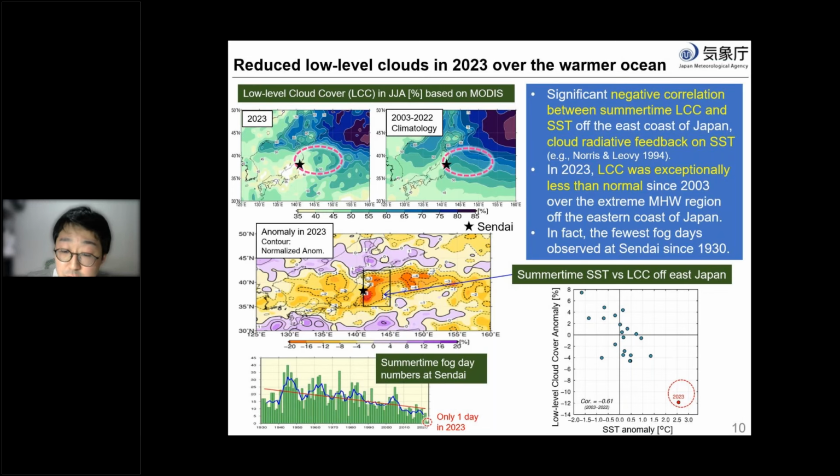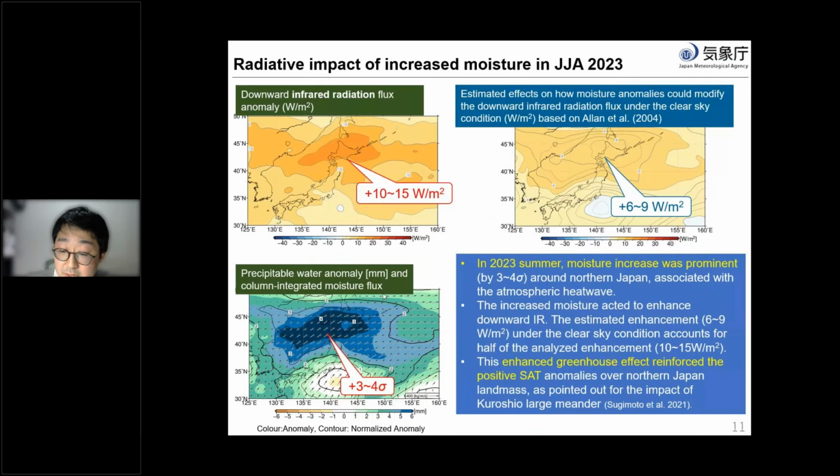So another potential oceanic impact is increased moisture. In 2023 summer, as indicated in the bottom left panel, moisture anomalies were prominent, by about 3 to 4 standard deviations around northern Japan. And the increased moisture acted to enhance downward infrared radiation.